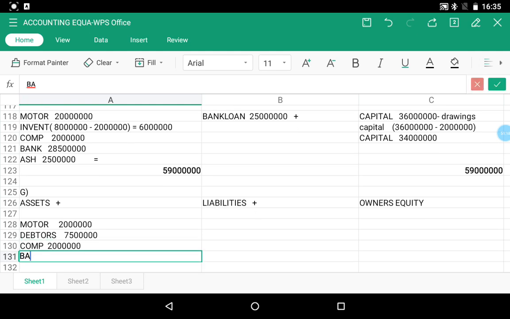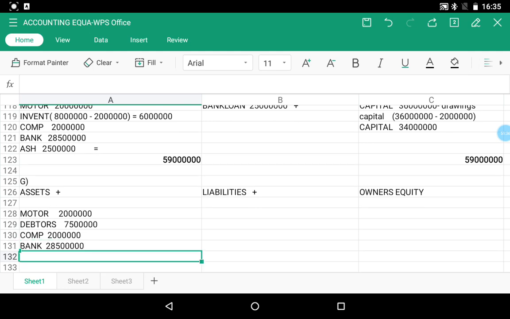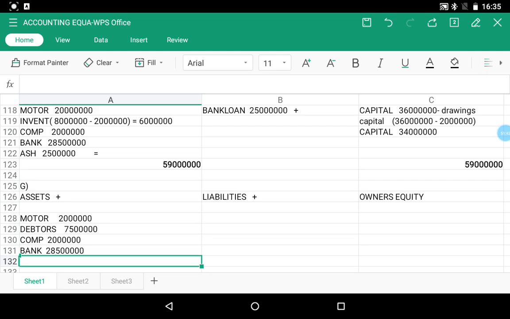We have bank worth 28.5 million. We have cash of 2.5 million.